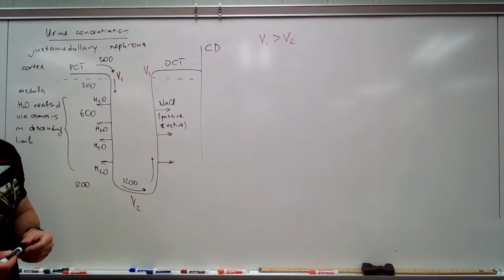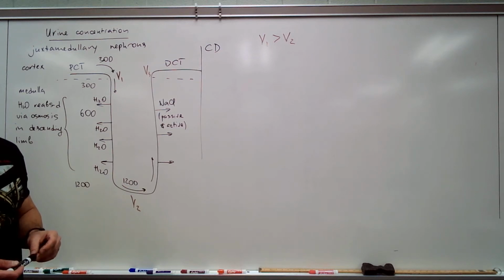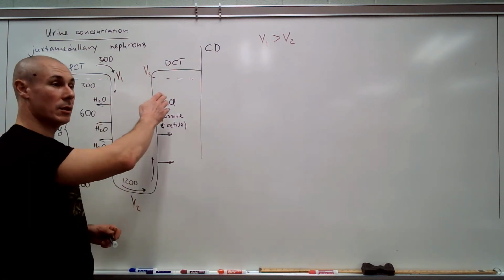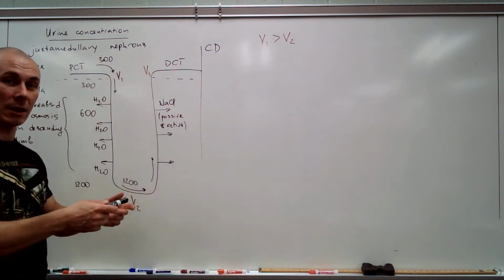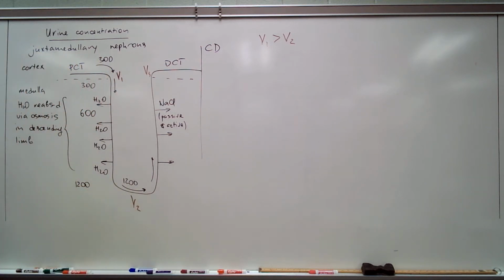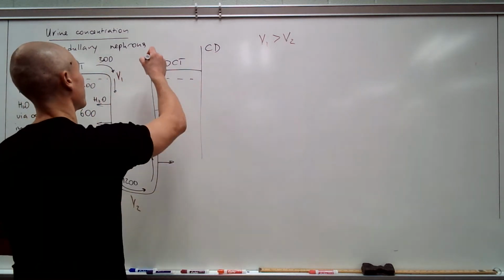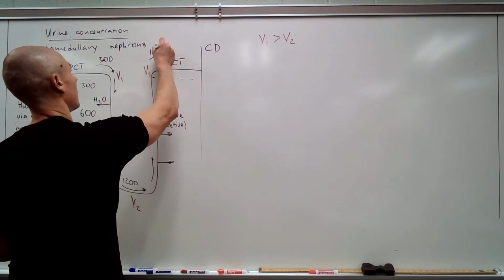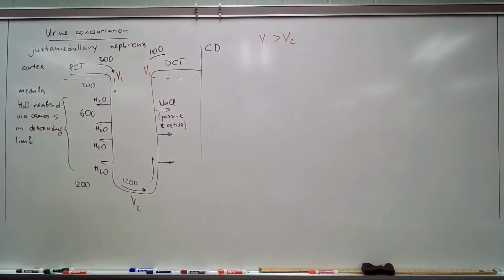Osmolality of the filtrate, so to say. Sodium chloride is being reabsorbed from the filtrate into the extracellular fluid. It's taken out of the filtrate. Okay. So osmolality decreases to 100. Okay? Does that make sense? Awesome.